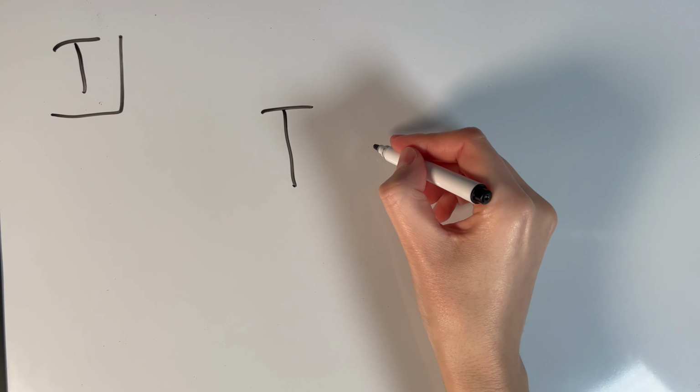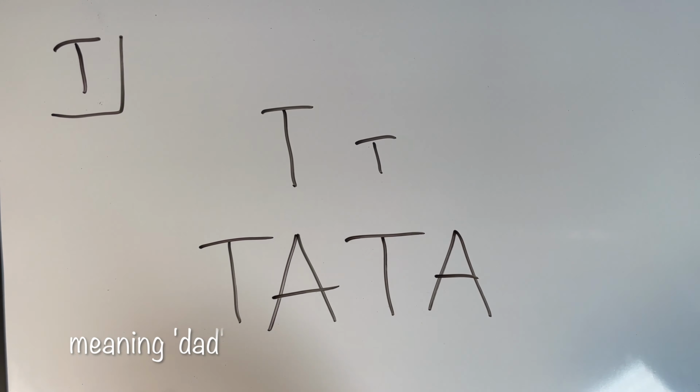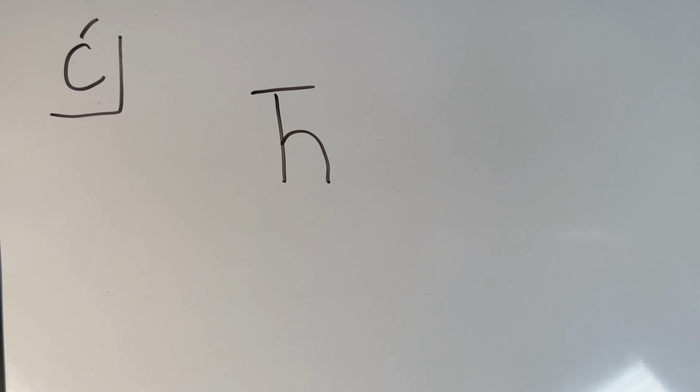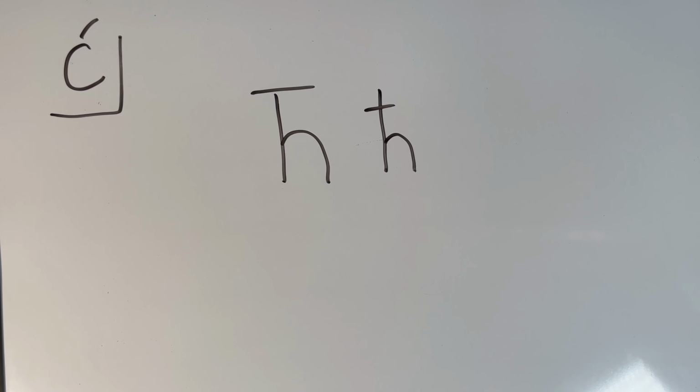T is pretty much the same. The lowercase letter is slightly different, and the example word is tata. Then we have ć, which looks quite similar to j, and if you're hearing these sounds from my mouth, I'm sorry if you're confused, but these are two totally different sounds, j and ć.